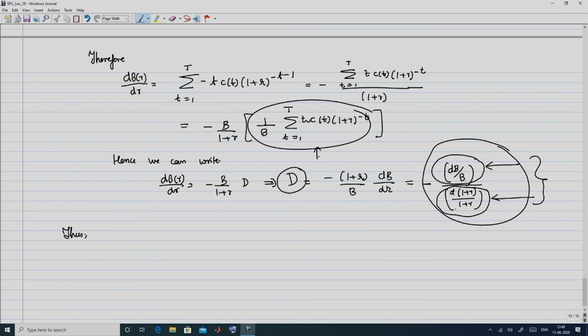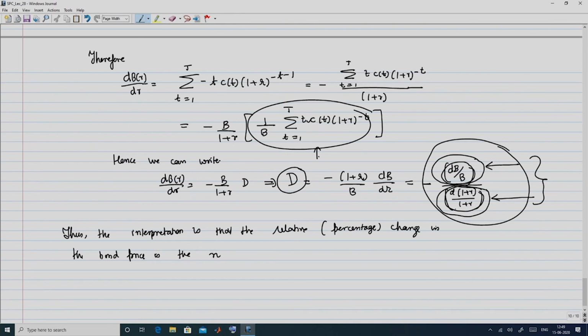So, thus the interpretation is that, observe that this is dB over B and d of (1 plus R) over (1 plus R). So, this relative or percentage change in the bond price is the negative of the duration.